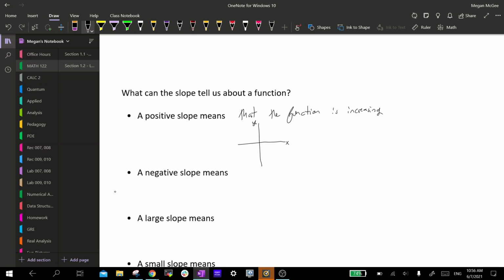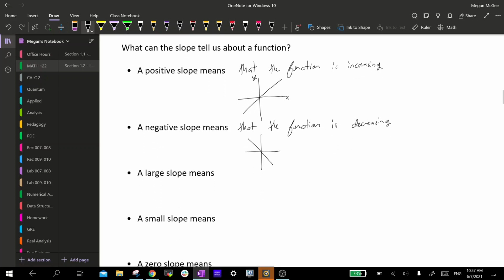A positive slope is something like this. A negative slope means that the function, well, if positive meant it was increasing, negative means it is decreasing. Okay, so on our x and y axes, this is what a negative slope looks like.